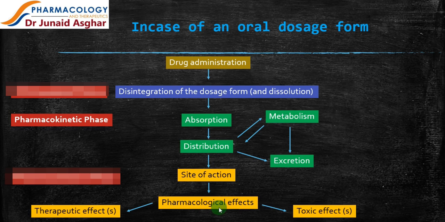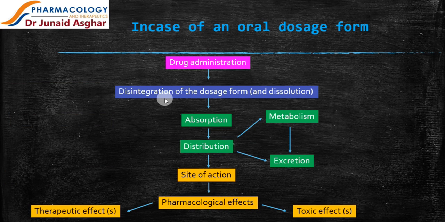to show therapeutic response. Now this phase of the drug shown in blue could be regarded as the pharmaceutical phase because all these parameters including disintegration and dissolution of the drug are controlled outside of the body, or in vitro.